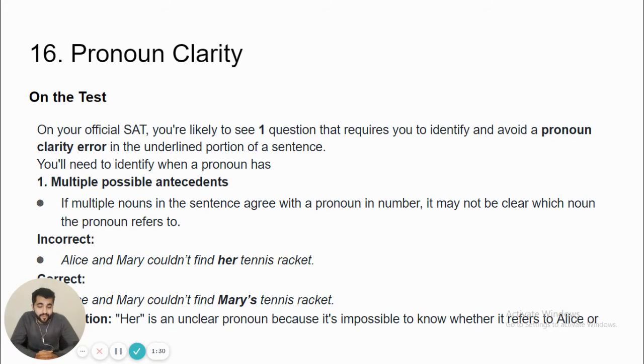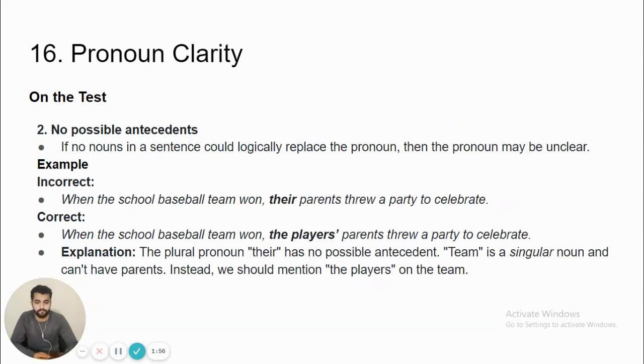So: Alice and Mary couldn't find her tennis racket. Here, "her" is a pronoun, but since we have Alice and Mary, we don't know who "her" refers to. Does it refer to Alice or does it refer to Mary? So the correct version is: Alice and Mary couldn't find Mary's racket. By correcting it as such, we now have clear meaning that they couldn't find Mary's racket.